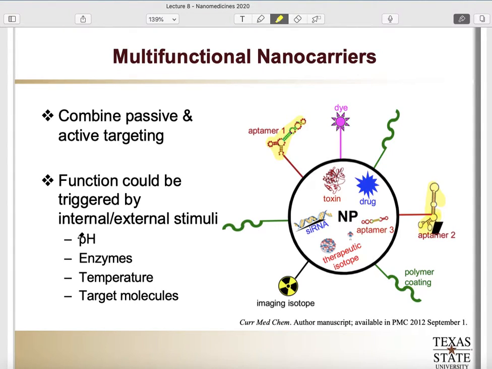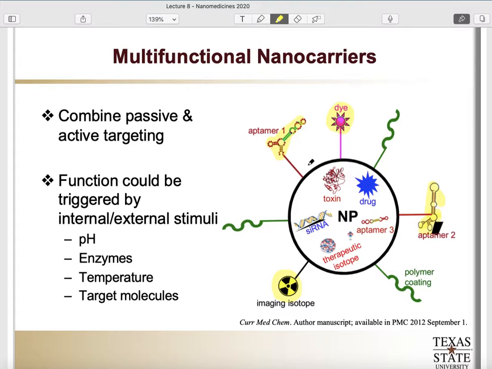For example, changes in the pH or enzyme expression or temperature or molecular composition of the target diseased tissue. In addition to that, those nanocarriers can act, as I mentioned, as contrast agents for imaging by the inclusion of dyes, which would enable optical imaging, or by the inclusion of imaging isotopes to enable scanning in other modes.